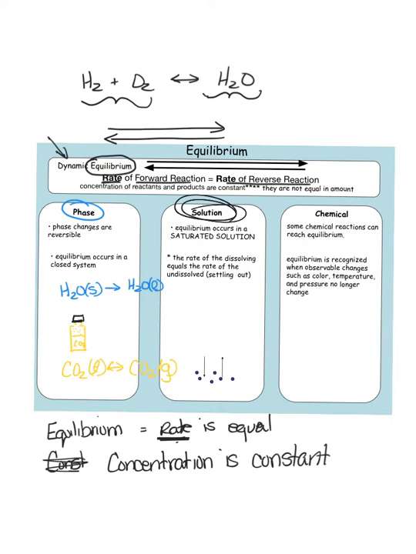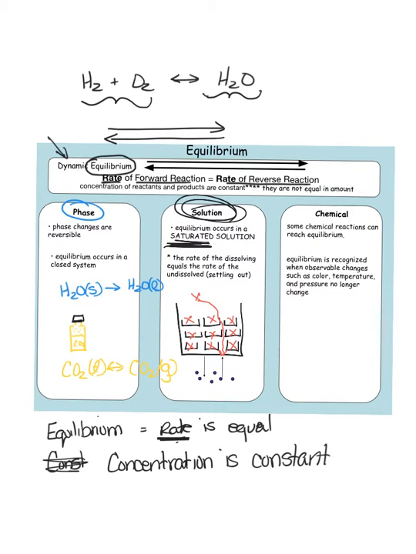Then you have solution equilibria. Solution equilibria happens when the solution is saturated, and by saturated you remember that all the seats are filled. So if these are all the seats that we have in our stadium, remember we talked about the seats, and I fill every single one of those seats with a particle, any extra particle you put in is going to fall to the bottom.